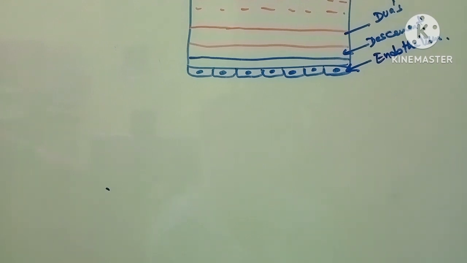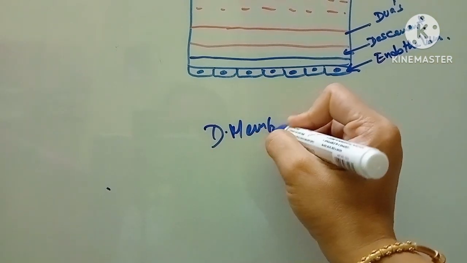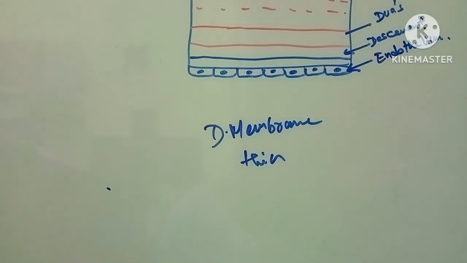So what is the Descemet membrane? It is thin but strong, a homogeneous elastic membrane, also formed by collagen and glycoprotein.